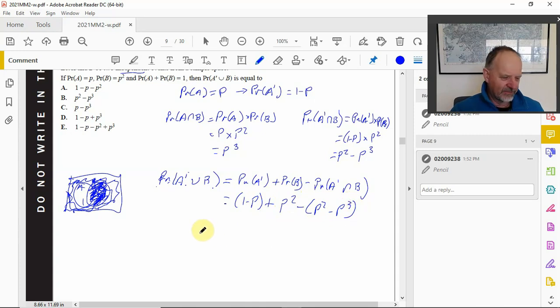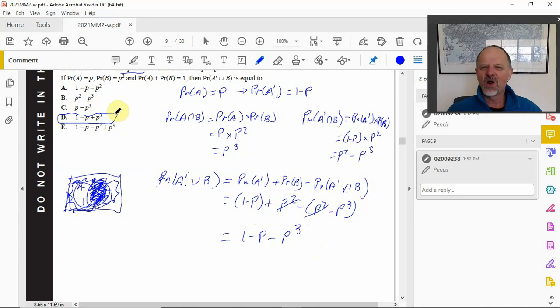And then when you sort all of that out, because this one and this one cancel, you get 1 minus p cubed, and that is option D. All right, so back to the old Venn diagram stuff to give you a bit of a hand with that.